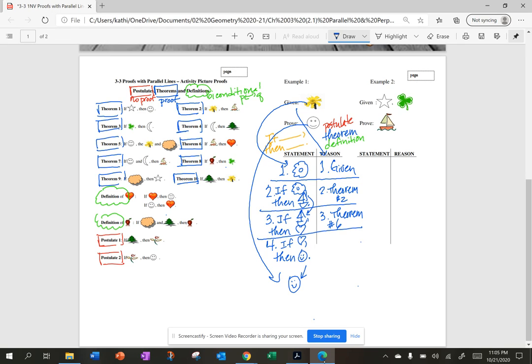And we said that's the definition of heart. Okay, so I am just connecting together. I'm starting with flower, flower to boat, boat to heart, heart to smiley face. So I'm just connecting them together.